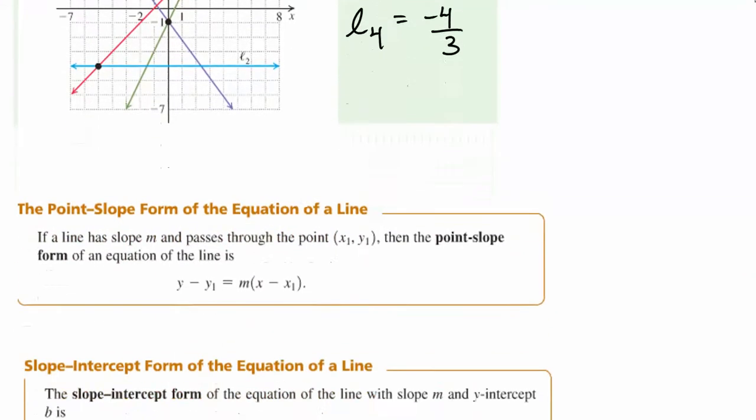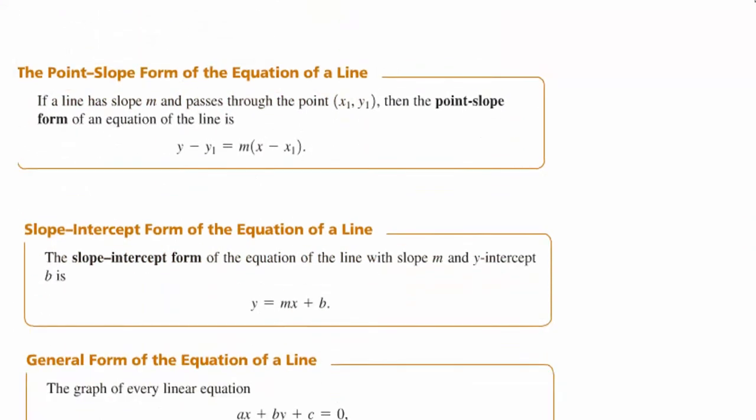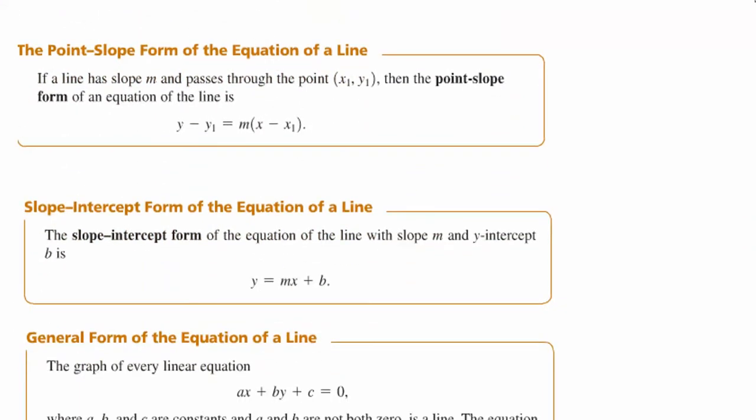Okay, we have 3 equations for a line. We have the point-slope equation. If you have the slope and a point, this is a real nice equation to use. Whenever you're given the slope and the y-intercept, the slope-intercept equation is a real nice one to use.